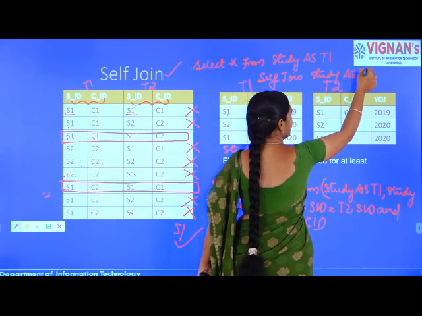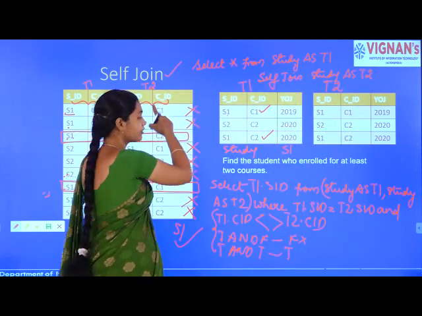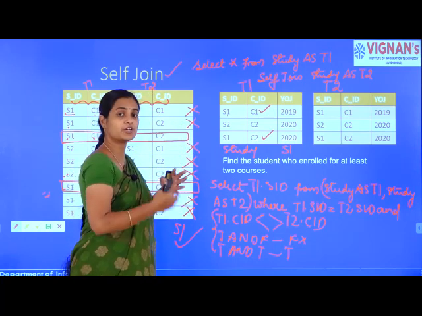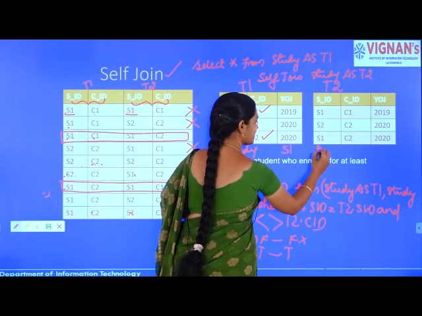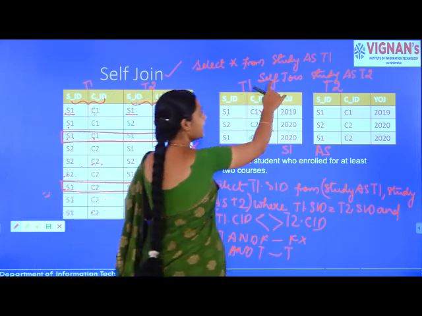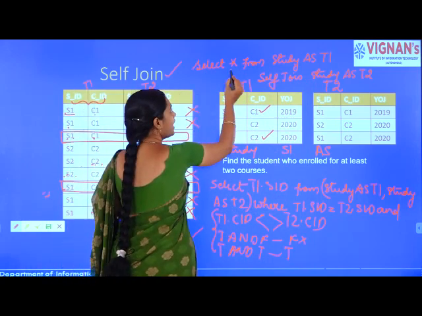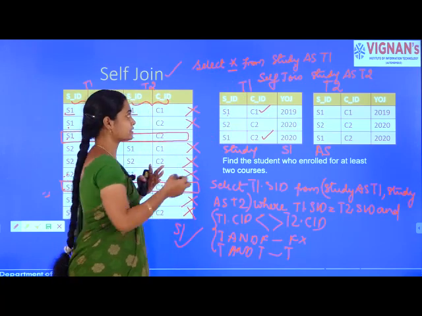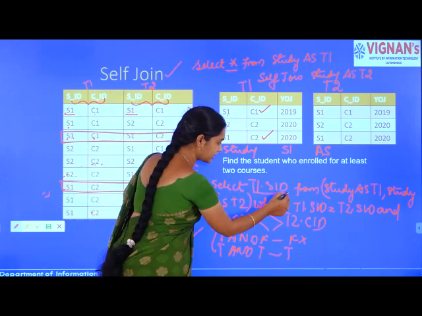Alias names are important when we are going for self join because a single relation is combined a number of times. So here you need to create alias names using the keyword as. Then you can write the self join. Select star from, either you can write the star or whatever attributes you want to select, those attributes you can mention. So how did I mention here?